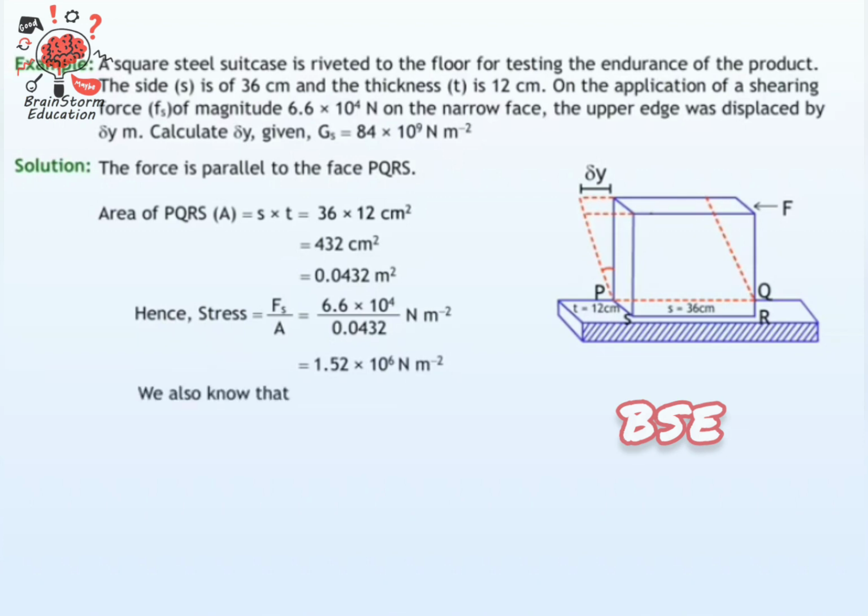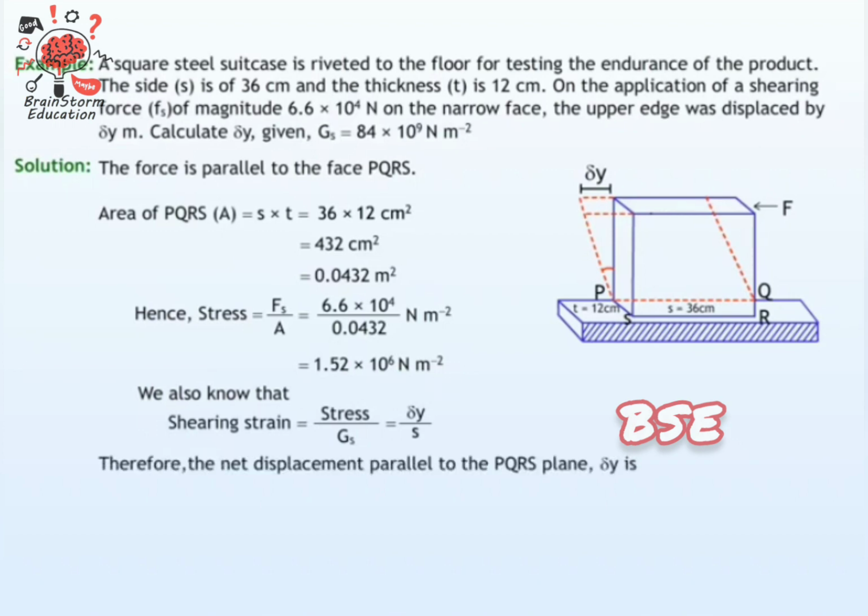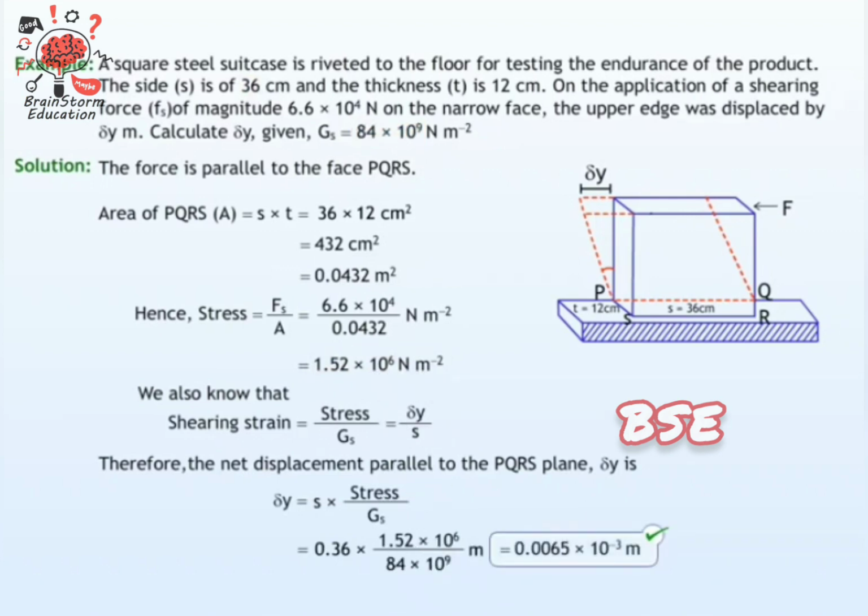We also know that shearing strain equals stress by Gs equals delta y by S. Therefore, the net displacement parallel to the PQRS plane, delta y, equals S into stress by Gs, 0.36 into 1.52 into 10 raised to 6 by 84 into 10 raised to 9 meters equals 0.0065 into 10 raised to minus 3 meters.